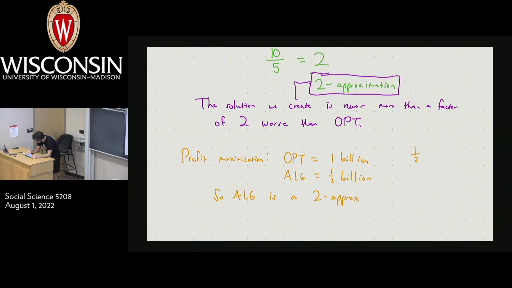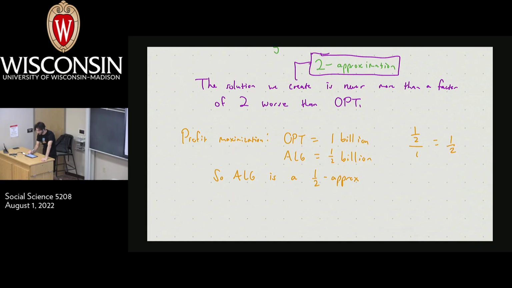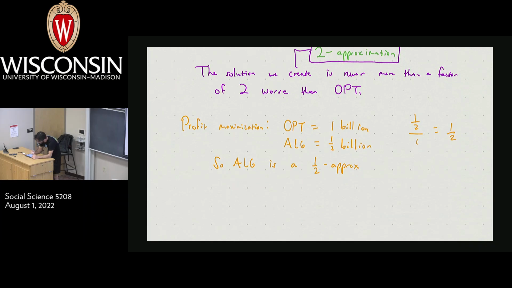So it's 1/2 over 1, which is 1/2. And so it's called a 2 approx, but we can just call it a 1/2 approx because that's a little clearer. So we get a 1/2 approx here, which is pretty good. But really, you've lost $500 million. And that's pretty huge.